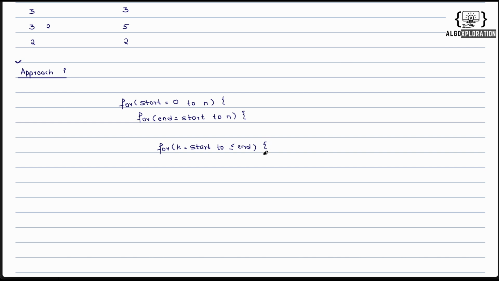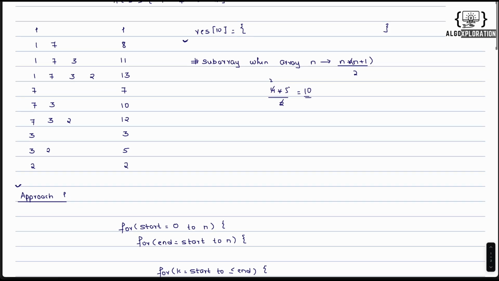Okay, now we have to iterate it. Now inside this we usually have to print the subarrays, right? But since we want to find the sum, what we will be doing is calculating the sum. So sum plus equals a of k. Now we know that after every iteration the sum is different, right?